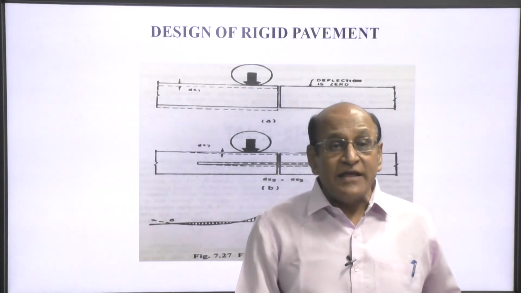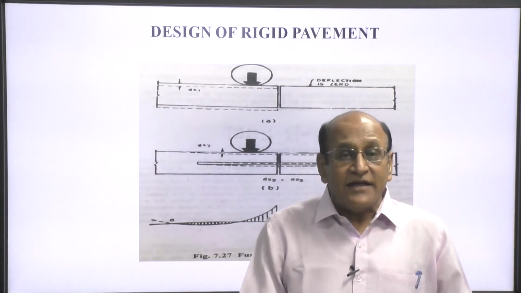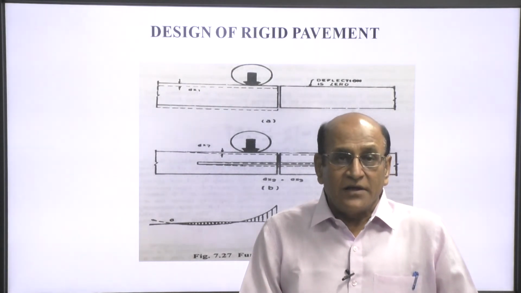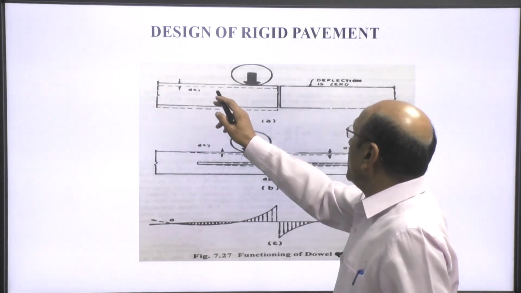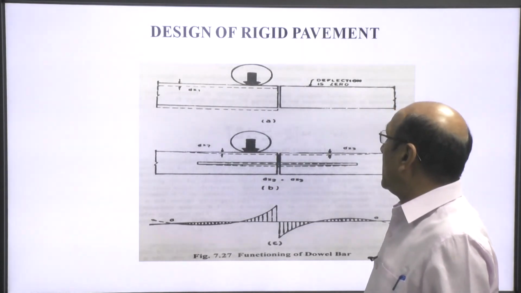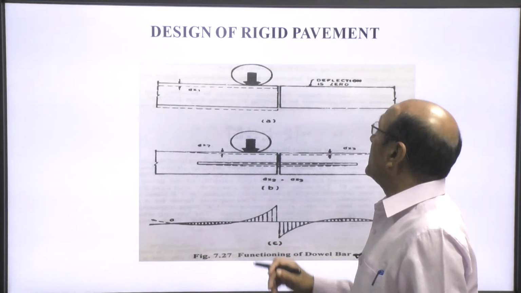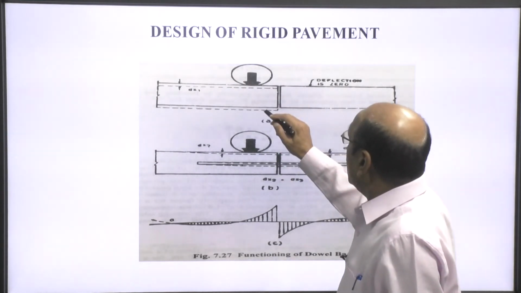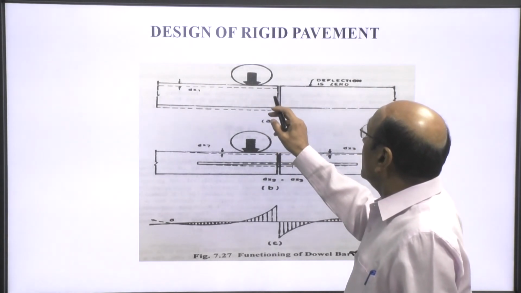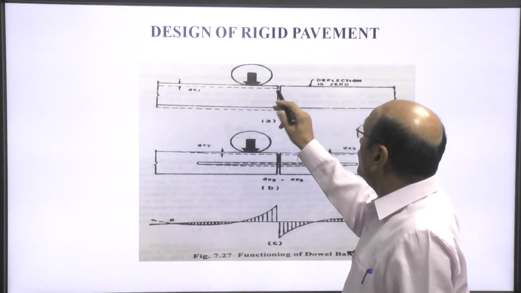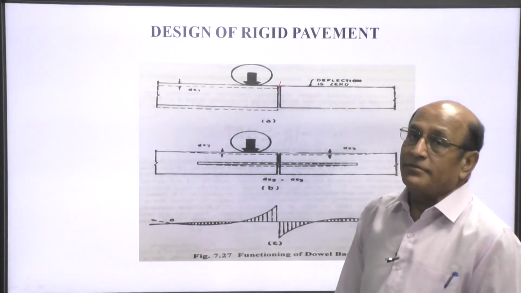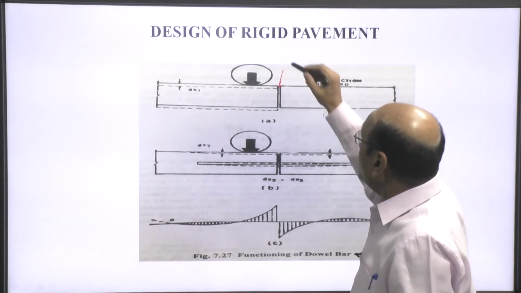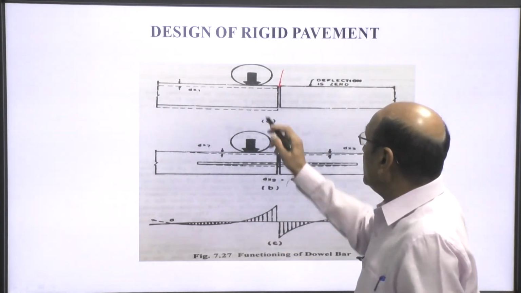The second thing is very important, that is the uniform transfer of stresses. As the vehicle is moving on the slab, and when it comes to the second slab, the stresses will go on increasing as it reaches the edge of the first slab. So, here the stress will be infinite in the first slab.